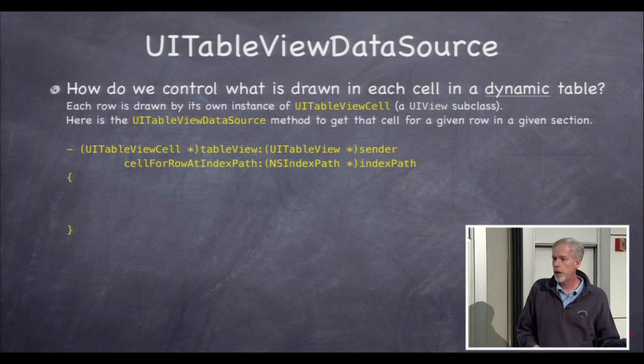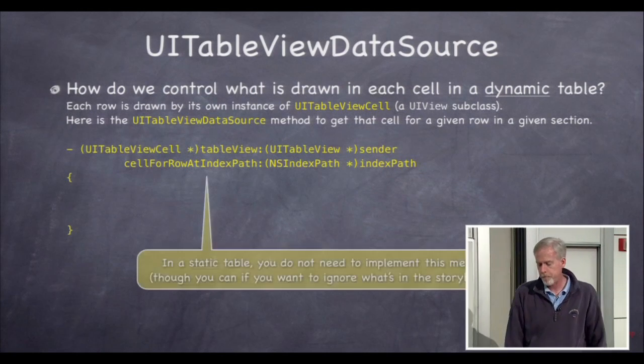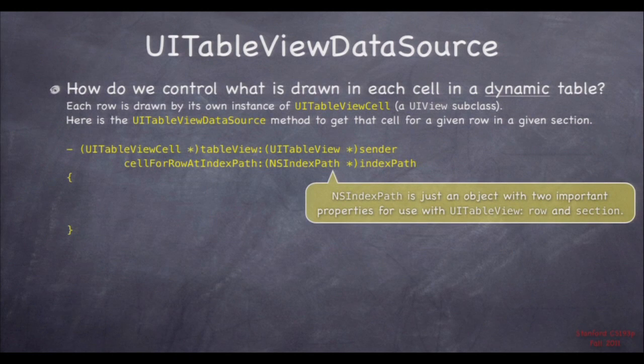And then the second argument is an index path. Now, static cells, again, don't need to implement this because you might have typed it in Xcode, so they don't need the cell for row at index path. They don't need the UITableViewCell. It's already built in to Xcode, but in dynamic, you definitely need it.